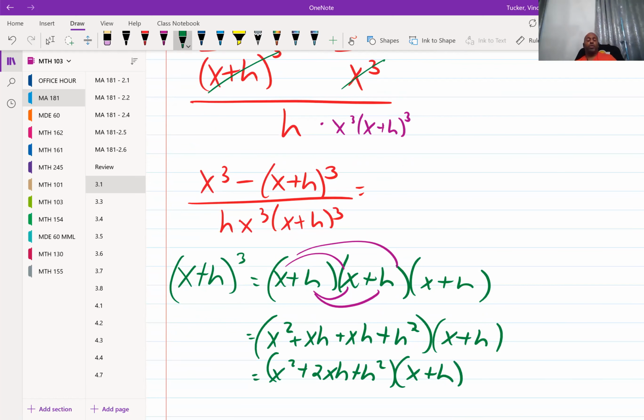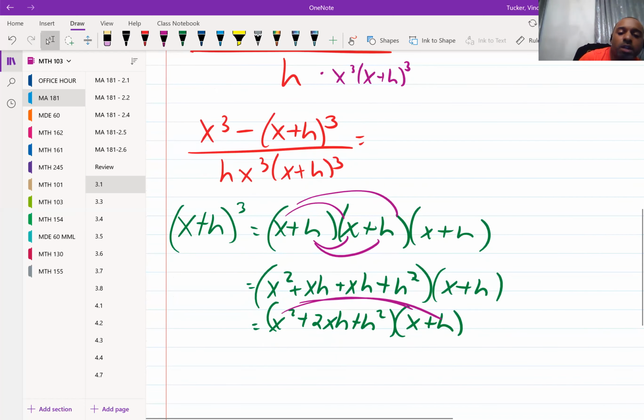So that first distribution gives us x squared plus 2xh plus h squared. Now we're going to take each one of those and multiply it to each term in that second parentheses.